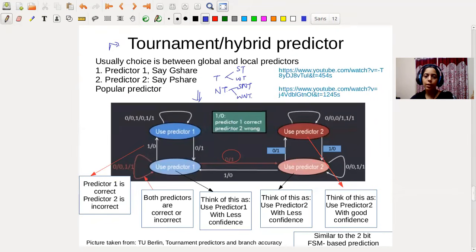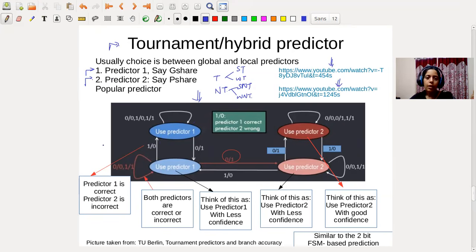Something very similar to that can be used to choose between two different types of predictors. Usually the choice is between say G share and P share predictors, that is global and local predictors. And this tournament predictor is also a very popular predictor. You can refer to these two video lectures if you want to understand more about this, more than what I'm explaining now.